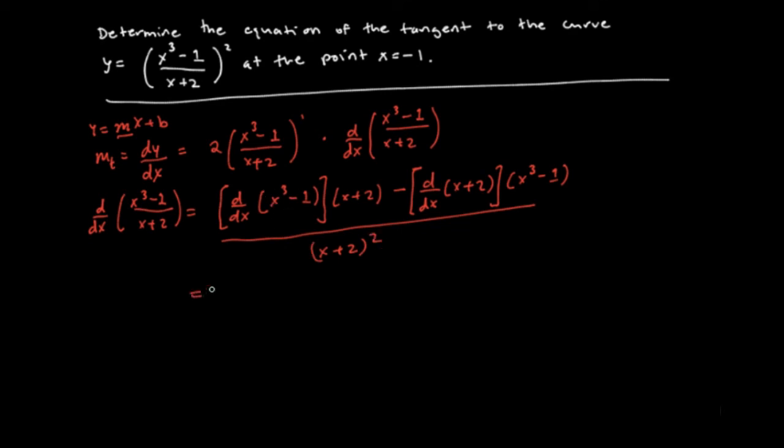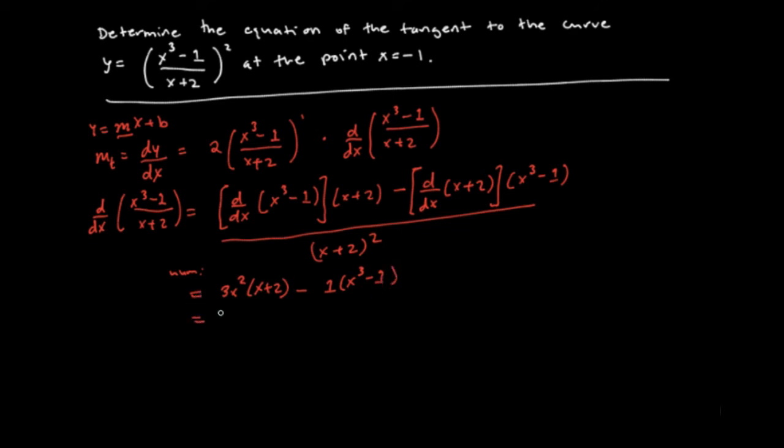So if I clean this up, the derivative of x cubed minus 1 is 3x squared times x plus 2. I'm just going to look at the numerator for the time being. Minus the derivative of x plus 2, which is 1, times x cubed minus 1.